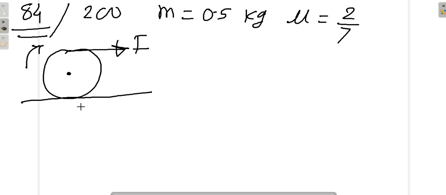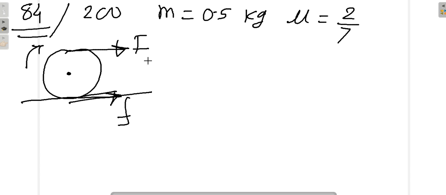So in order to increase the value of V, let us assume the force of friction to the right. Suppose you take force of friction to the left, you will get answers in negative form. If we get negative answers, it means that our direction is wrong. So in 99% of the cases, when there is a force applied at the topmost point, the force of friction is also to the right. Please note this. This will help us.